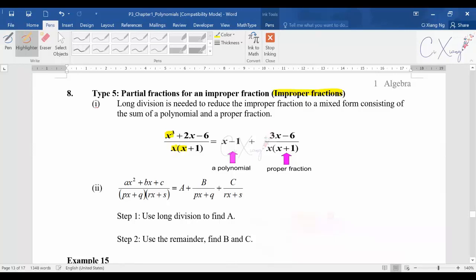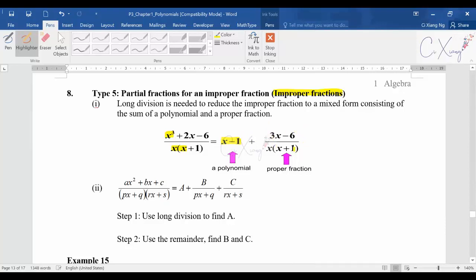In this case, we know that it is an improper fraction. Therefore, when you do the partial fraction, you will see that in front, you have a polynomial or maybe a number, then plus the partial fraction at the end.